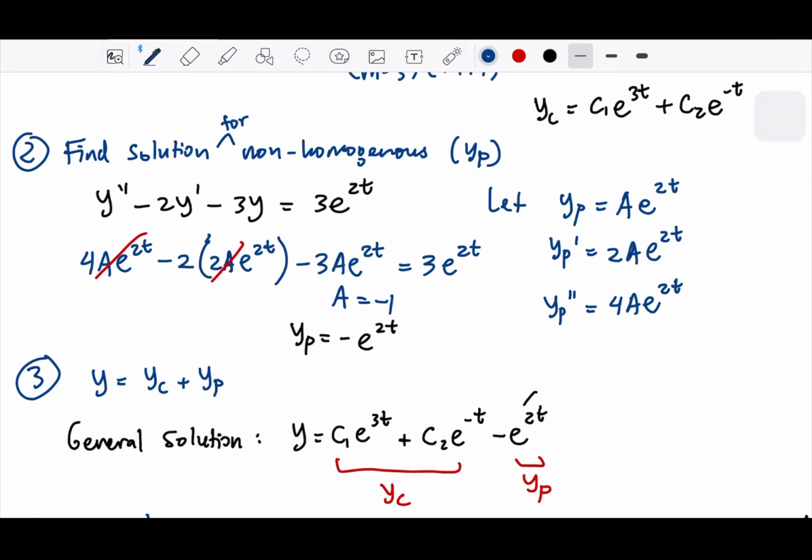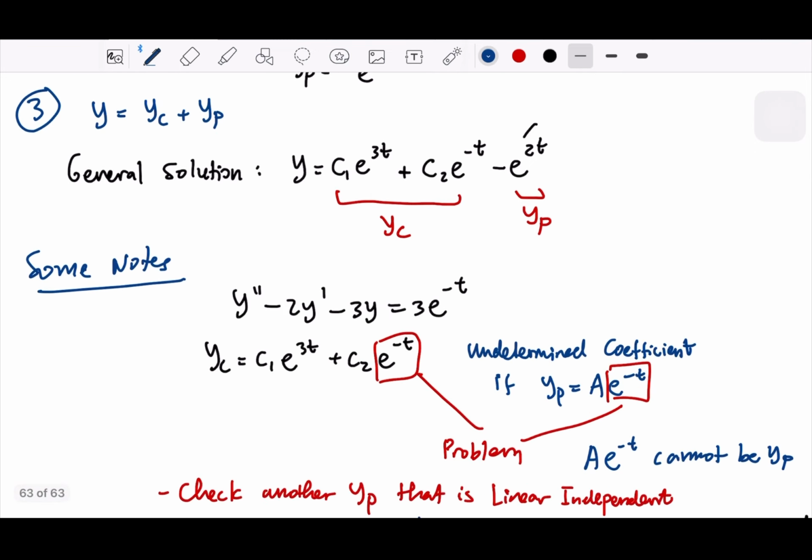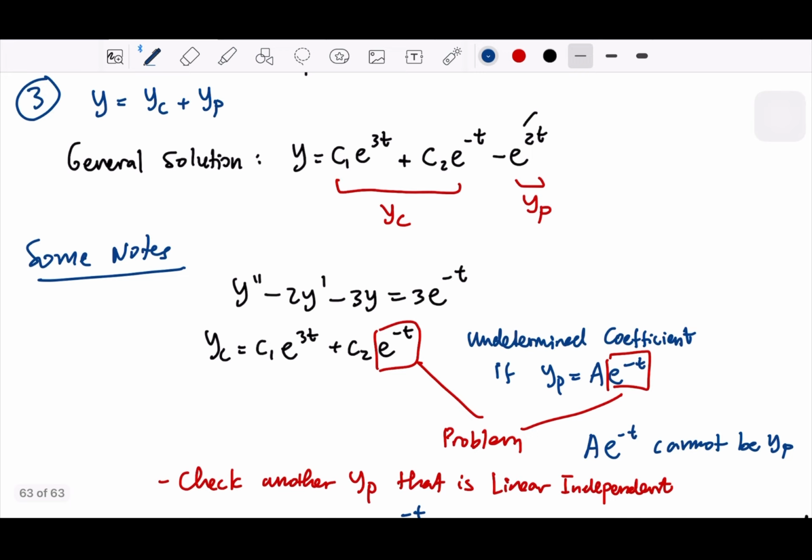There is one note on this. For example, if we have this yc in terms of e with power of -t, and the right side is also e to the -t, then because we already have the same thing in yc, we cannot use this yp.